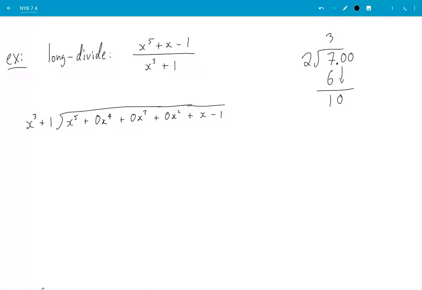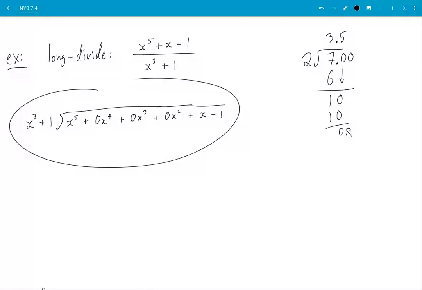Then you repeat your process. You say 2 goes into 10 5 times. I recommend you try to keep things lined up. And 2 times 5 is 10, 0 remainder. Bada boom.